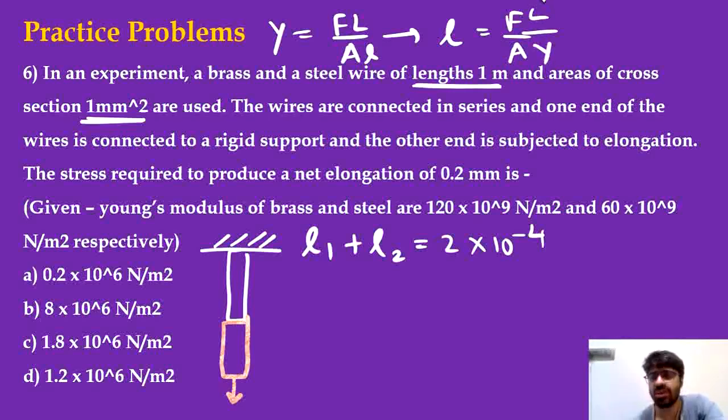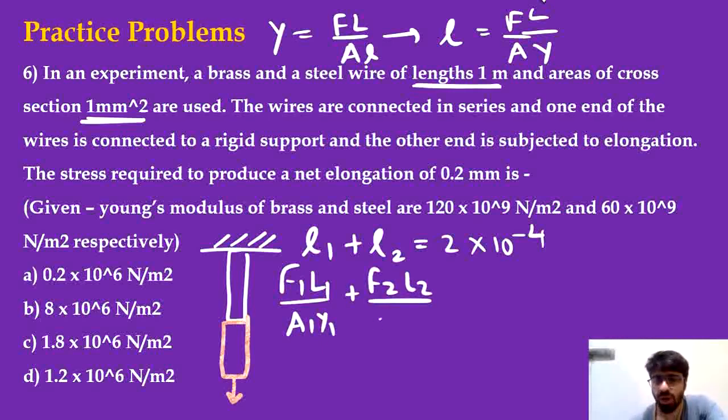FL upon AY will be the formula for small l, so small l we are writing as F1 L1 upon A1 Y1 plus F2 L2 upon A2 Y2. That should be 2 into 10 to the power minus 4.